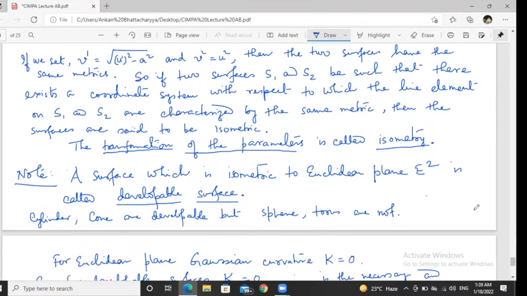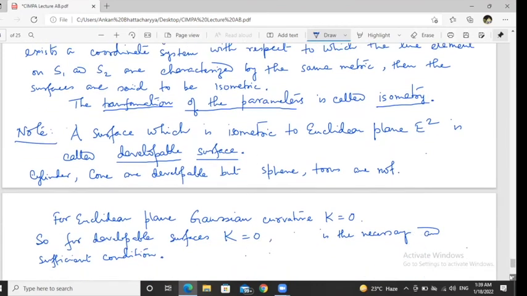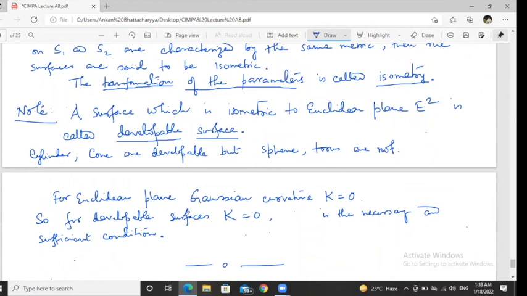We know that any map can be rolled out as a cylinder. So a cylinder is a developable surface. Cones are developable, but spheres and tori are not developable surfaces. So a surface which is isometric to the Euclidean plane E2 is called a developable surface. For the Euclidean plane, we know that the Gaussian curvature is 0.